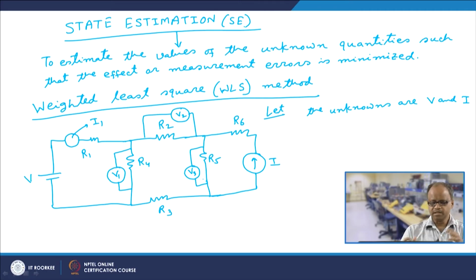Now, from our basic circuit analysis, because after all this is a simple linear circuit, all these are resistances and this is a voltage source, this is a current source or whatever it is.